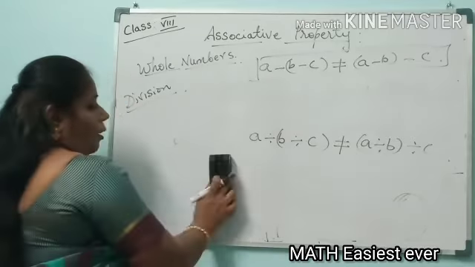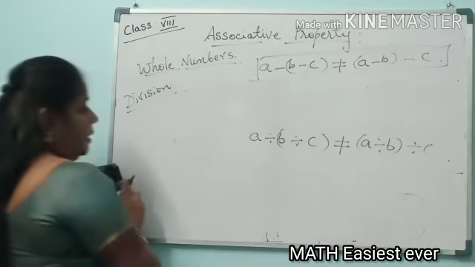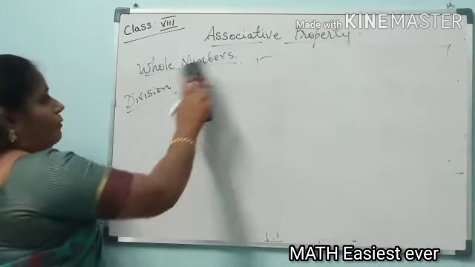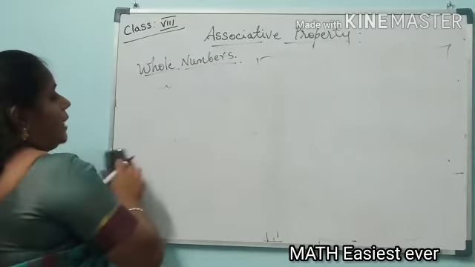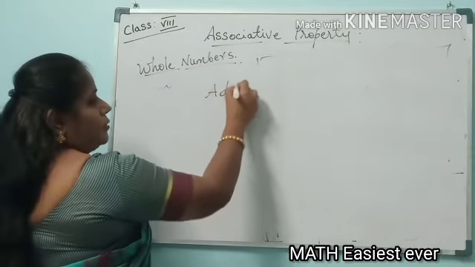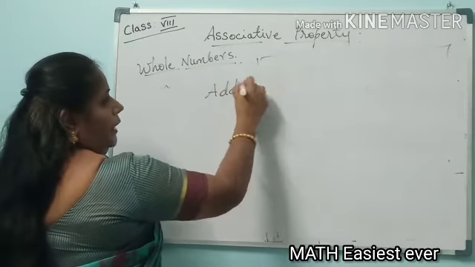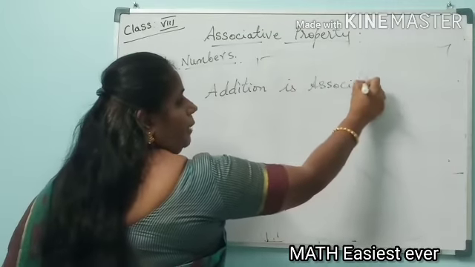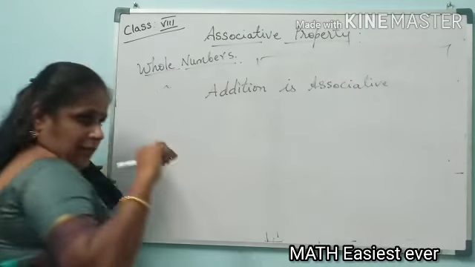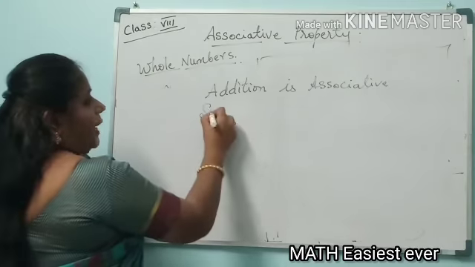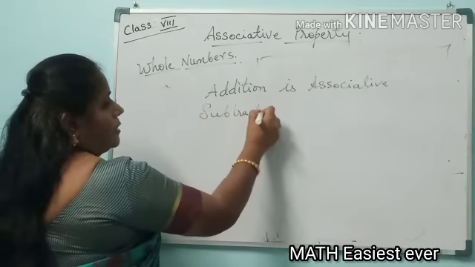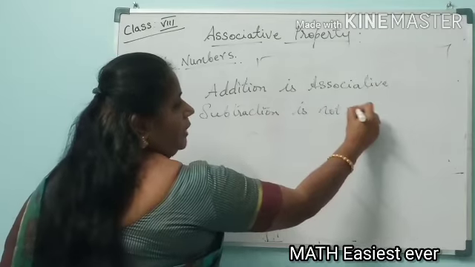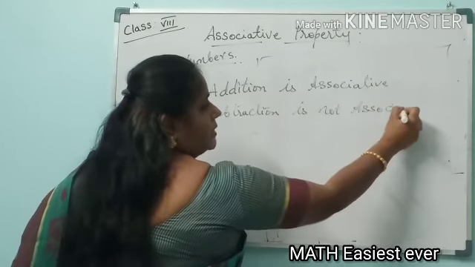So we'll recall all that we have learned now. What do you infer from all the four? For the associative property of whole numbers, addition is associative. Isn't it? You got (A plus B) plus C is the same as A plus (B plus C). Subtraction is not associative. Then what is next?